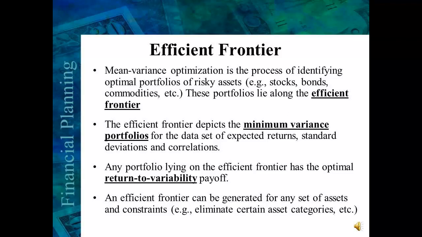Knowing that the mean and the variance are sufficient to describe the risk-return profile of an asset within a diversified, rebalanced portfolio provides the foundation for portfolio optimization. Mean variance optimization is the process of identifying optimal portfolios of risky assets, e.g. stocks, bonds, commodities, etc. In other words, computers can be used to quickly calculate the overall portfolio expected return and standard deviation for different combinations of assets.